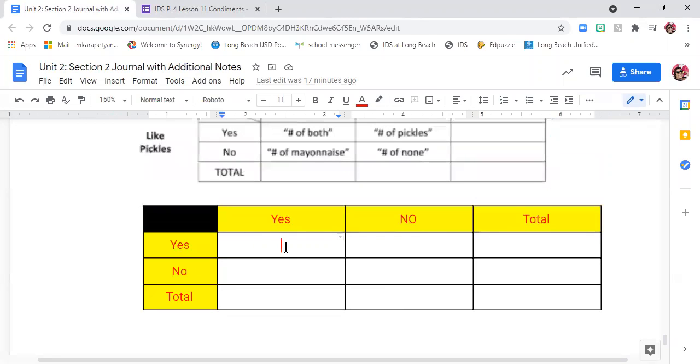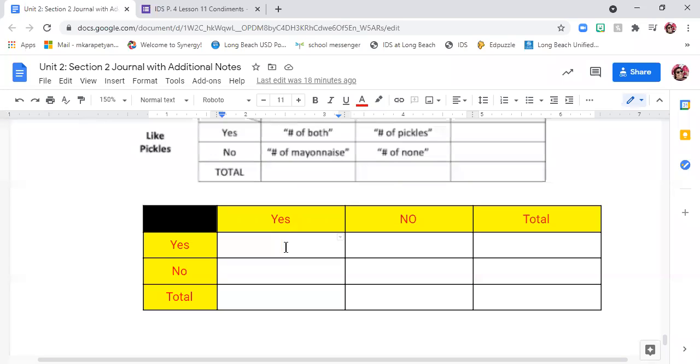So from our question of pickles, mayo, both or none, which one is yes mayo, yes pickles? Both, right? Because if someone put both, that means they said yes, they like mayo, and yes, they like pickles.